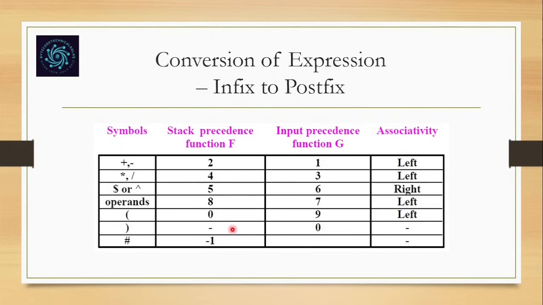Similarly, different values are given for symbols like asterisk or division symbol, dollar symbol and raised-to symbol, operands, opening parenthesis, closing parenthesis and hash, and accordingly we use the associativity of the expression to decide how it is to be evaluated.